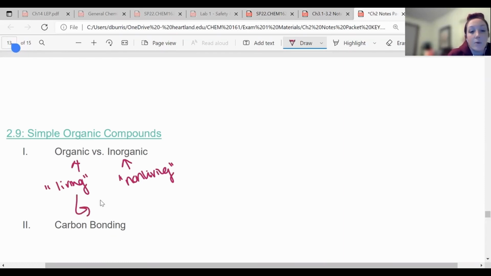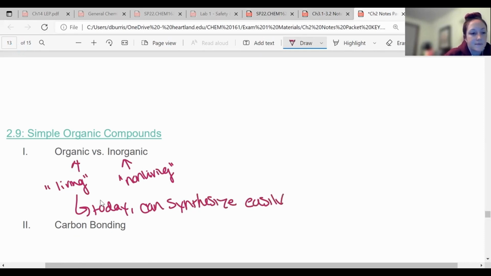We can actually make these pretty easily today. We used to not be able to synthesize organic compounds. Now we can make almost any organic compound.